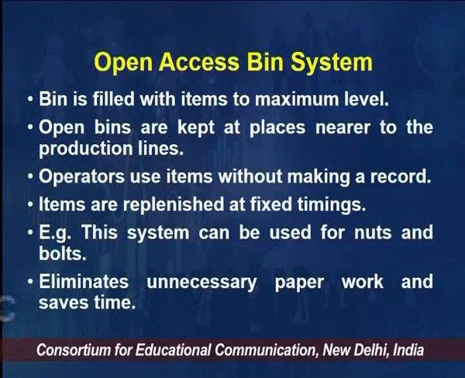Now, to understand it in a simpler manner, there is also a model called open access bin system. To understand the reorder point, it's very easy. Suppose there is a factory, you have a bin and you can fill it with items to the maximum level.